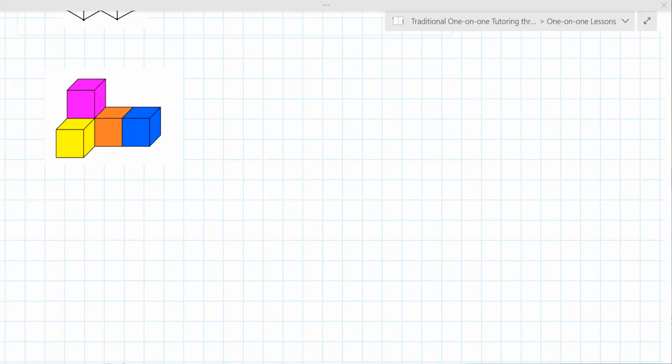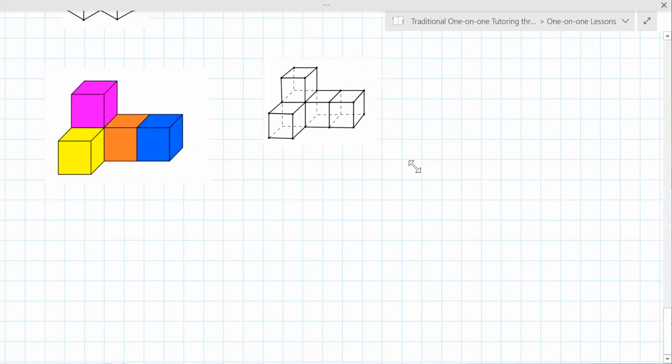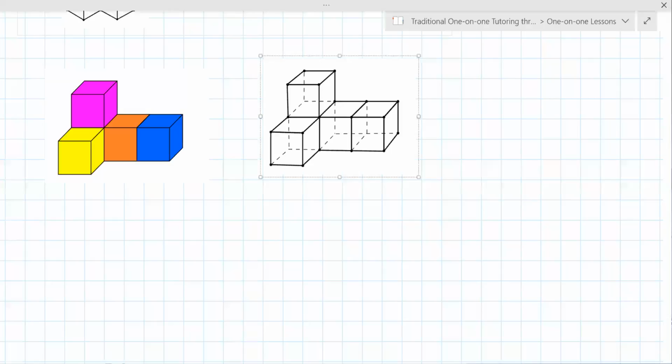So here, let me snip in another isometric view, and maybe you can tell me why that's the isometric view. Well, another reason is that if you remove the color from there, you can also see there's another block behind the four blocks. Mhm.